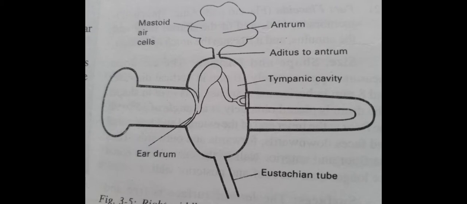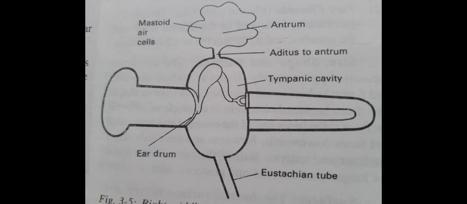And the cartilage is absent in the ear lobule. So in the ear lobule there is no cartilage. That is the pinna. Then the next part of the external ear is the external auditory canal.